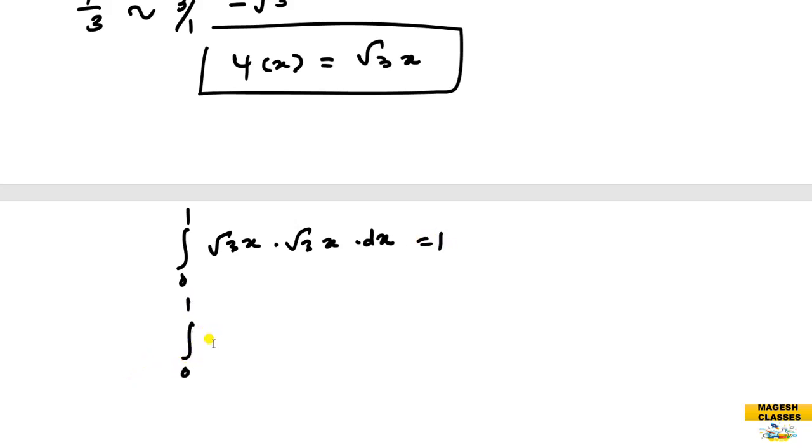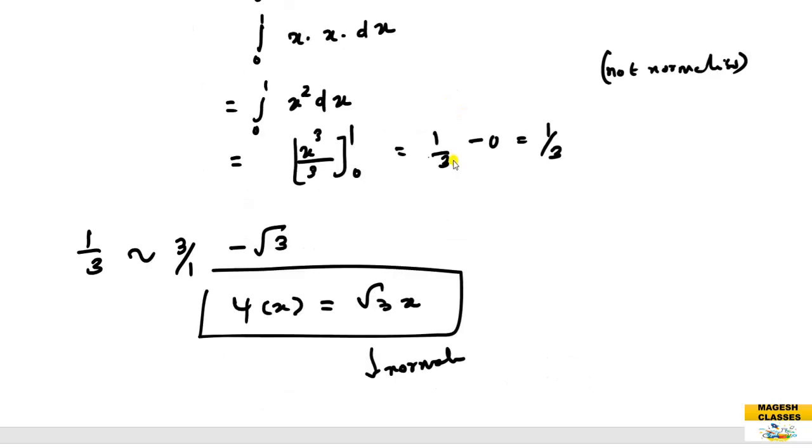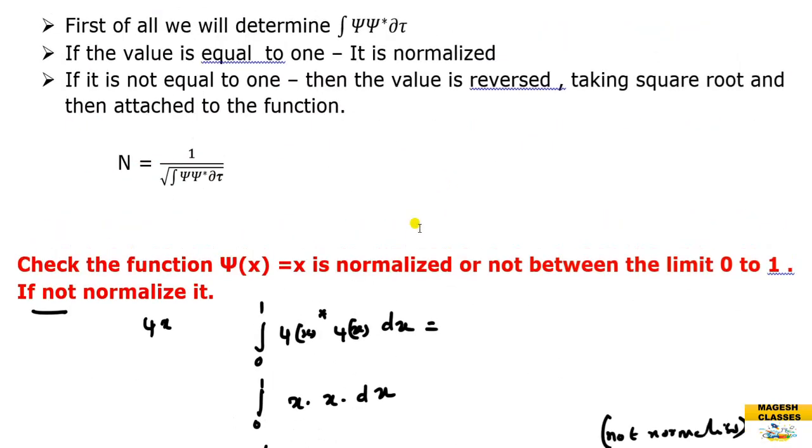So this is the integral from 0 to 1 of 3x squared dx, which is equal to 3 into x cubed by 3, limits 1 and 0. It is equal to 3 into 1 by 3 minus 0, which is equal to 1. Now it is normalized. So this function is normalized. Okay, in this way, we normalize the wave function.